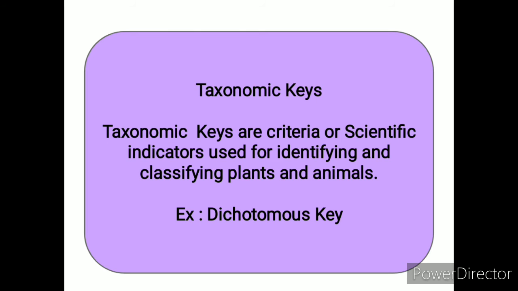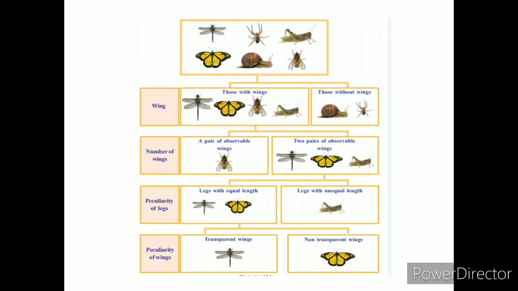An example of a taxonomic key is the dichotomous key, because in a dichotomous key there are two possibilities of selection for each indicator. See this illustration of a dichotomous key.